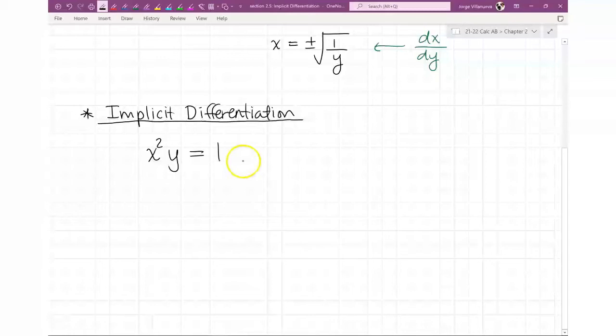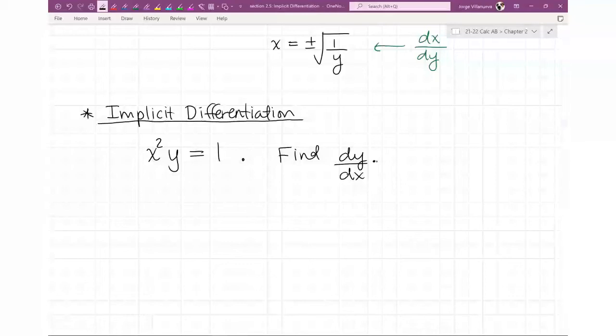Let me put some directions to this: find dy/dx. In other words, take a derivative with respect to x. That means the x's are the things you're taking derivatives of.